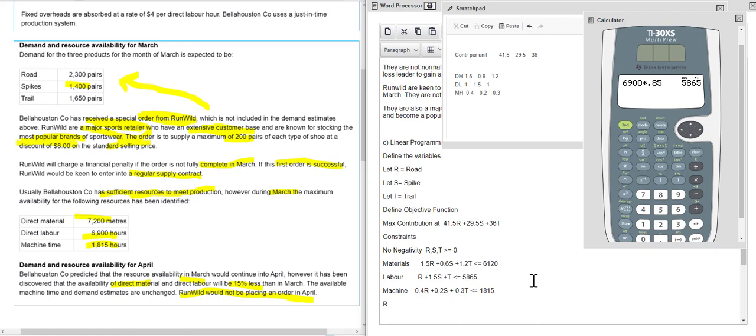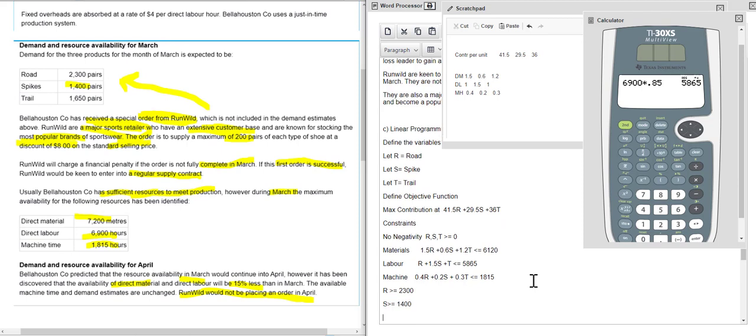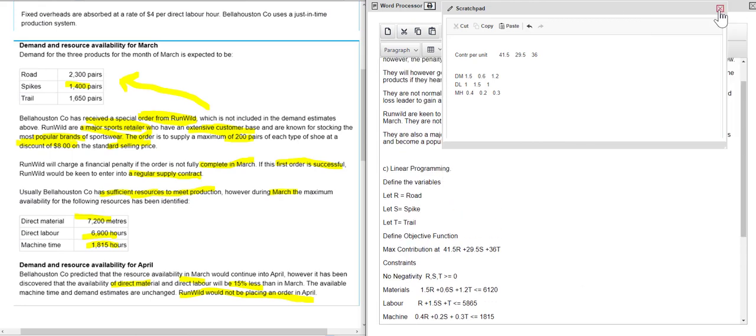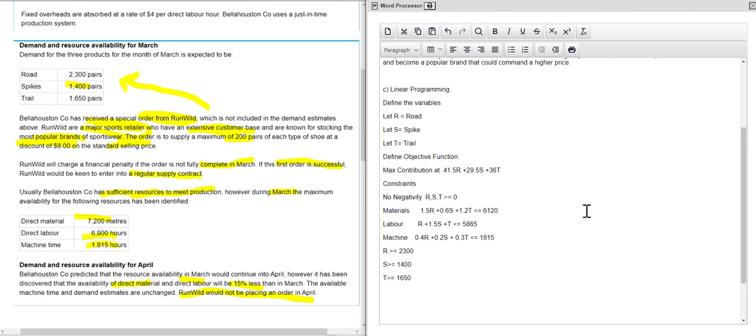So R has got to be greater than or equal to 2300. S has got to be greater than or equal to 1400. And T has got to be greater than or equal to 1650. Remember, that's without Run Wild. So that's the answer to part C for 5 marks.